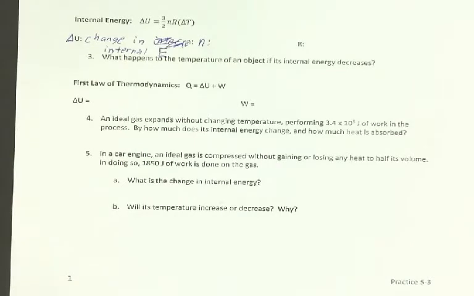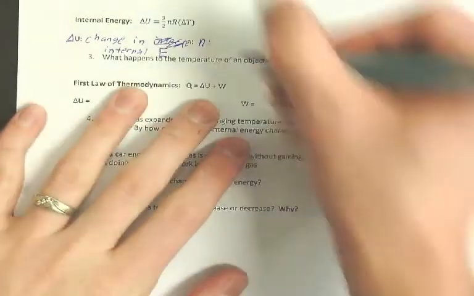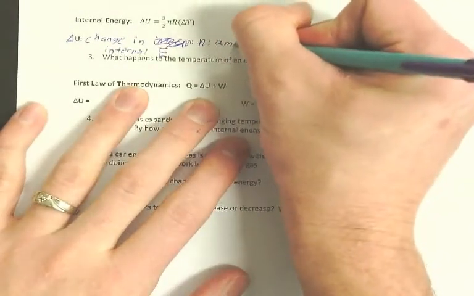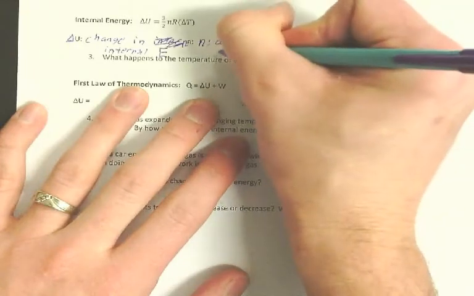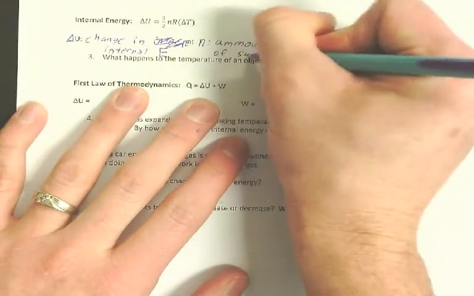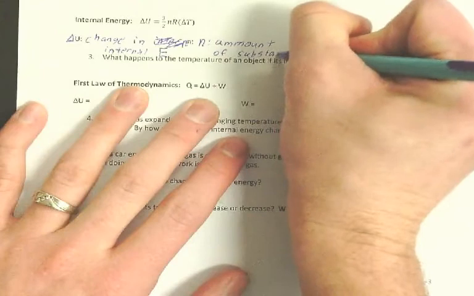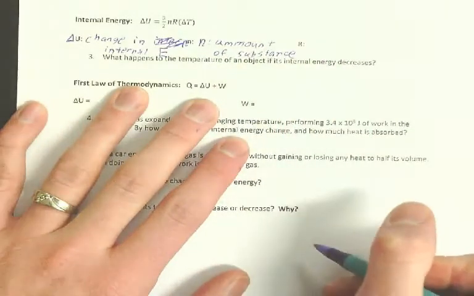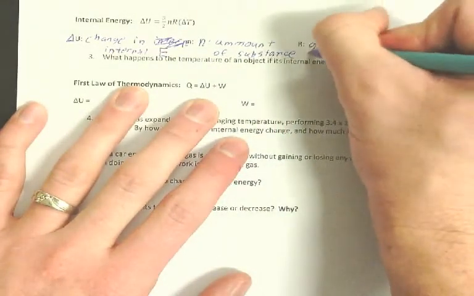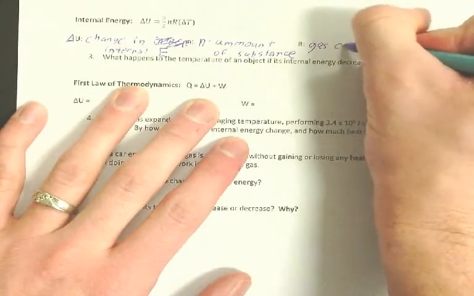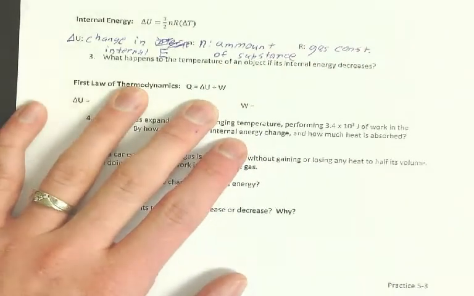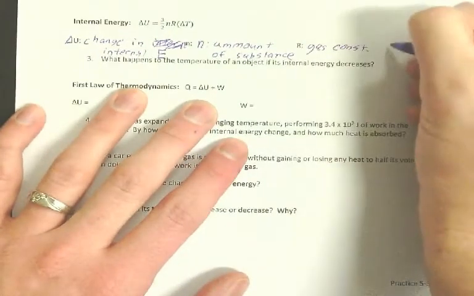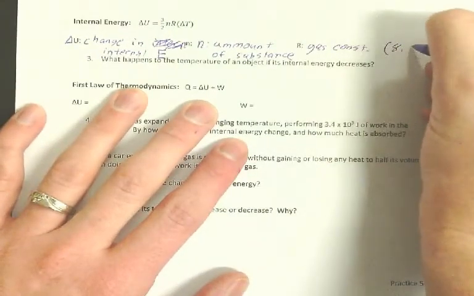So delta U, change in internal energy. N is the amount of the substance. So how much stuff you have. And R is the gas constant, which works for other things than just gases. But the value is 8.314.